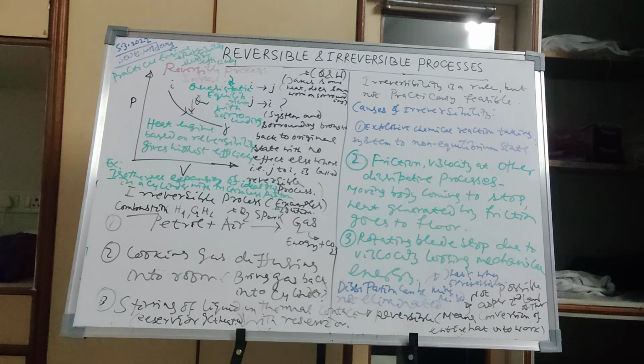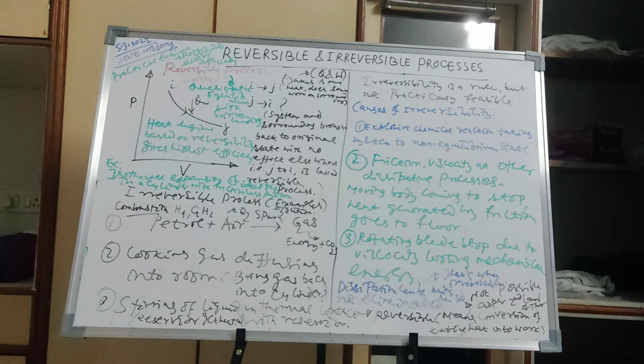In isothermal, the ideal gas equation PV by T is constant becomes PV is equal to constant because T is constant. Similarly, with the help of integration of PdV from V1 to V2, we have got the work done both for isothermal and adiabatic.